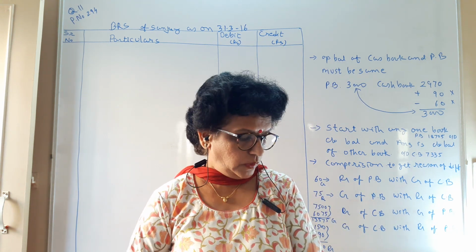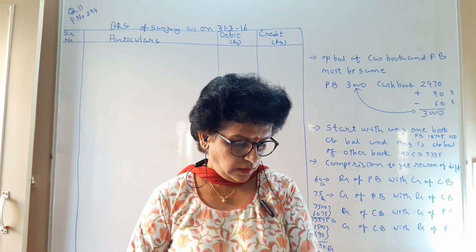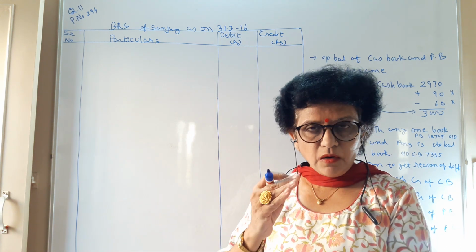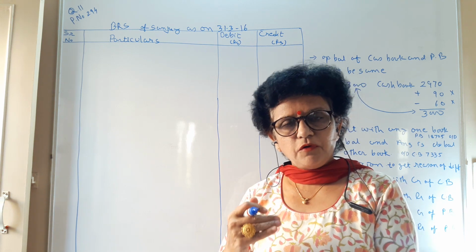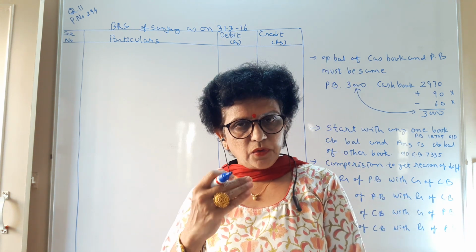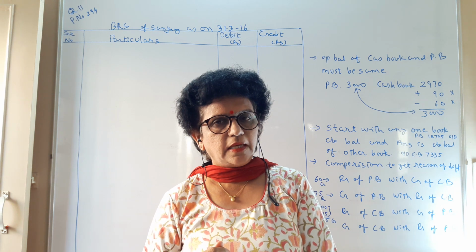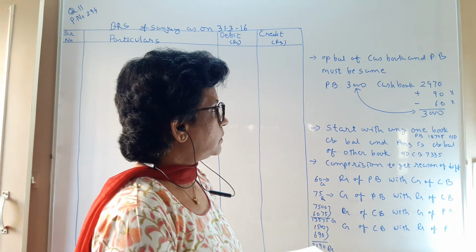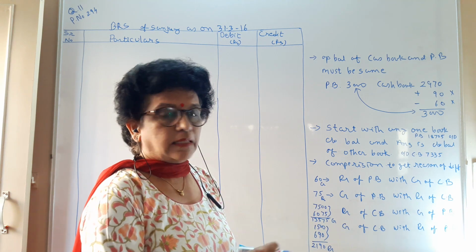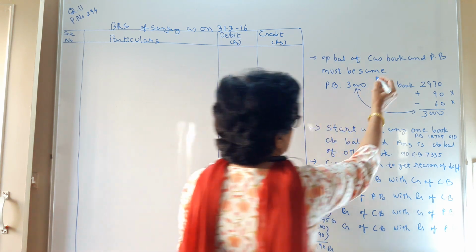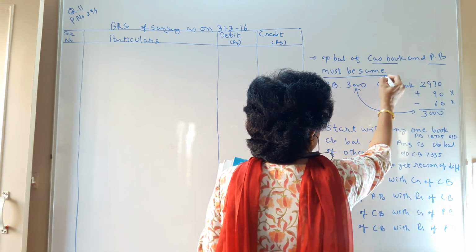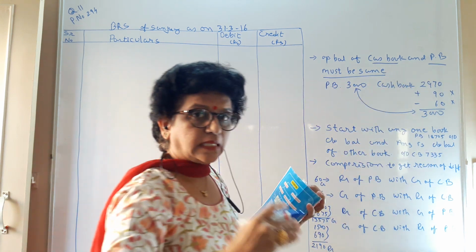So today we are going to do question number 11 on page number 294 of your textbook. For comparing such two documents and doing BRS from this type of example, the very first condition you have to keep in mind is that the opening balance of the cash book and of the passbook must be the same.